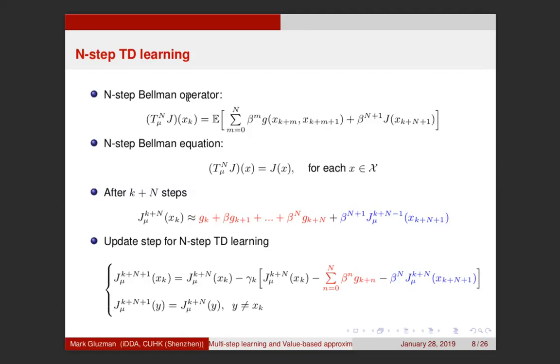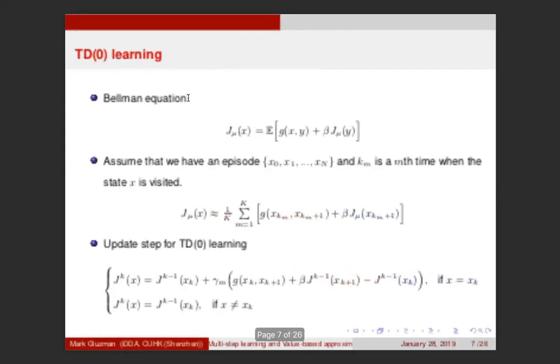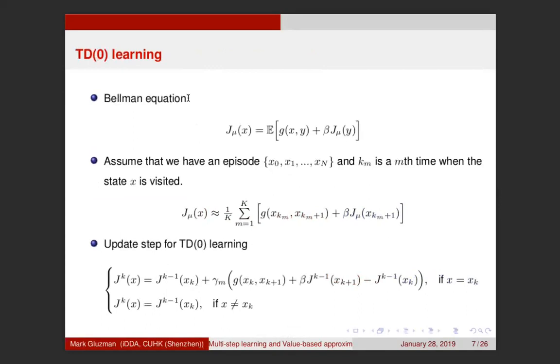This is a sort of drawback of this algorithm, because in TD0, after one step, we update the estimation of the value function of xk immediately. We make one iteration from xk to x_{k+1} and update our estimation.